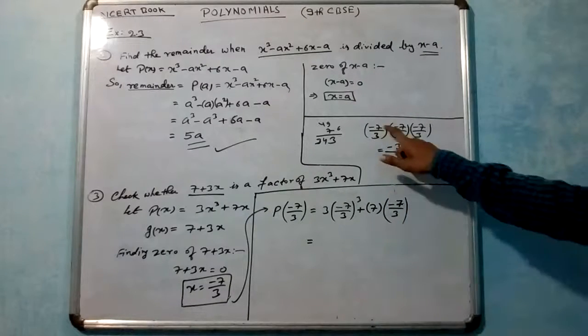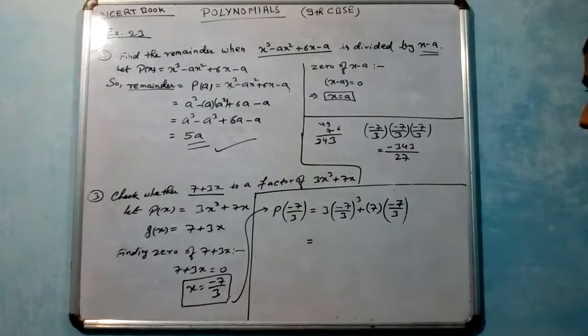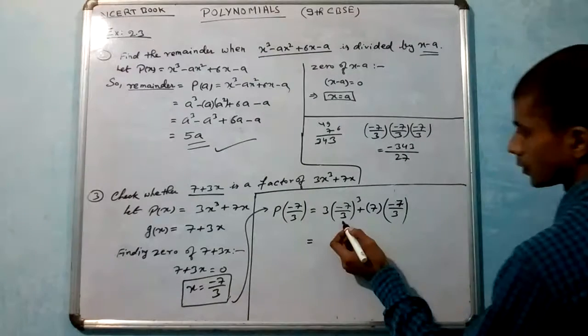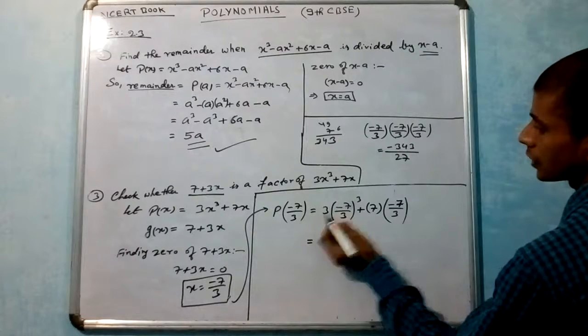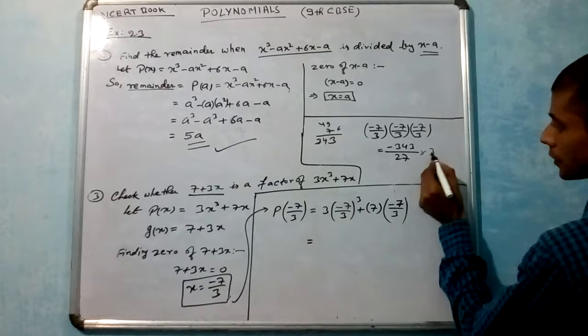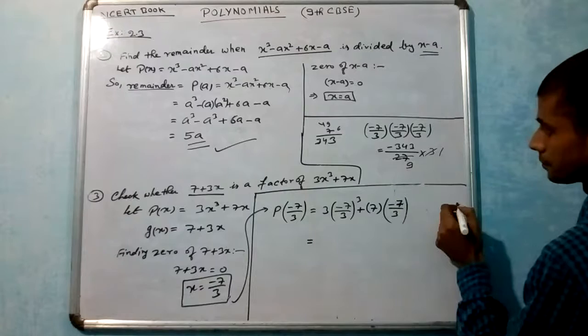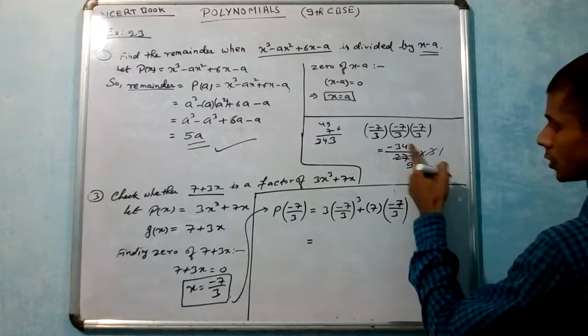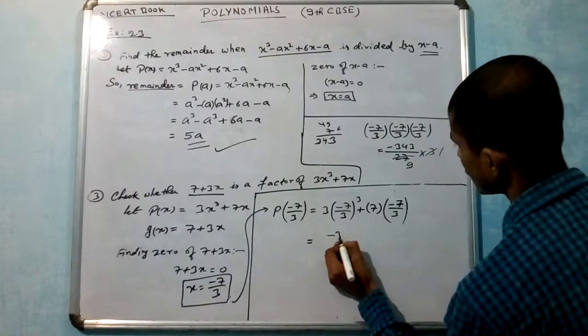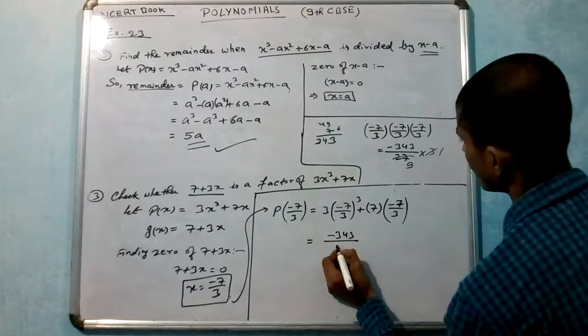So minus 343 by 27, and then into 3 is there, so this 3 will cancel. So minus 343 by 9.